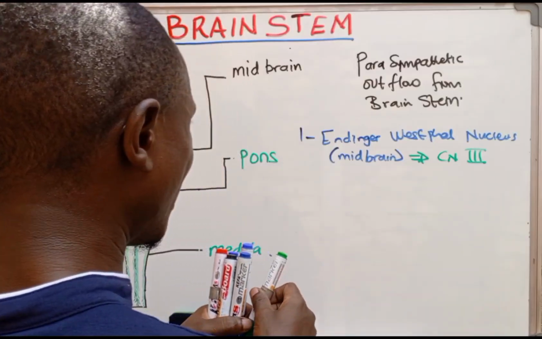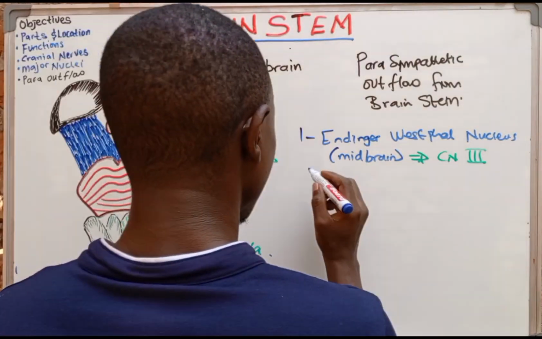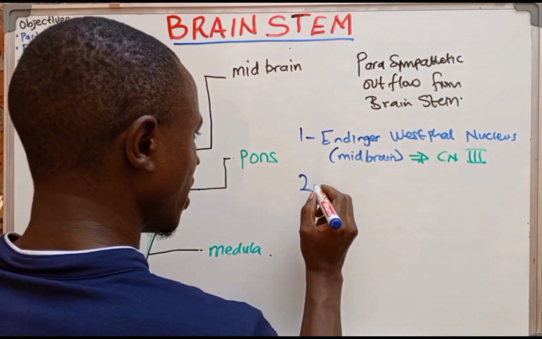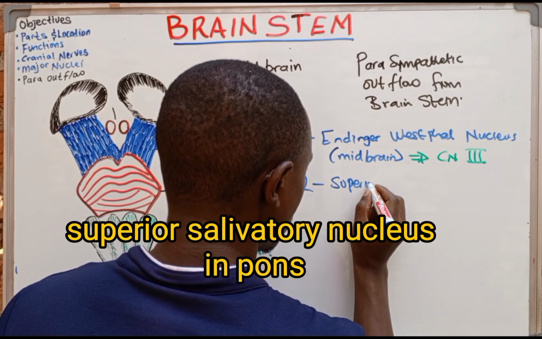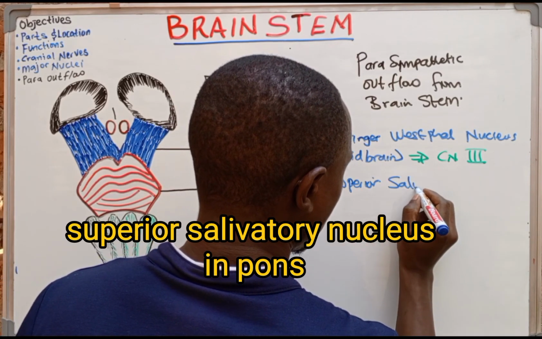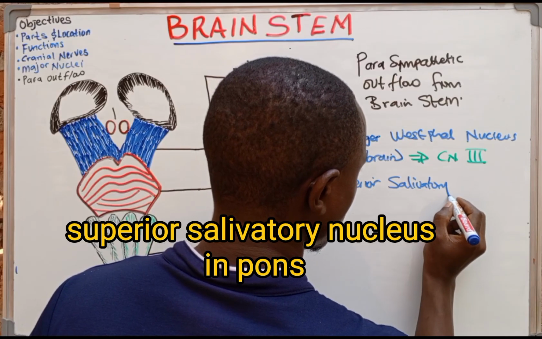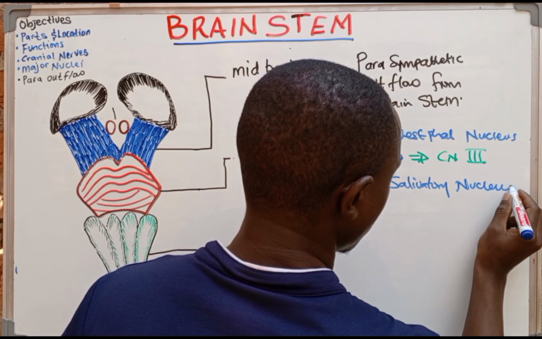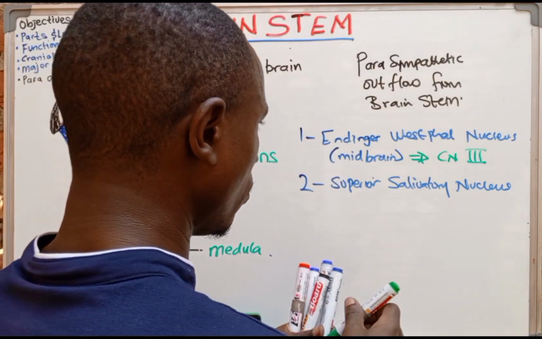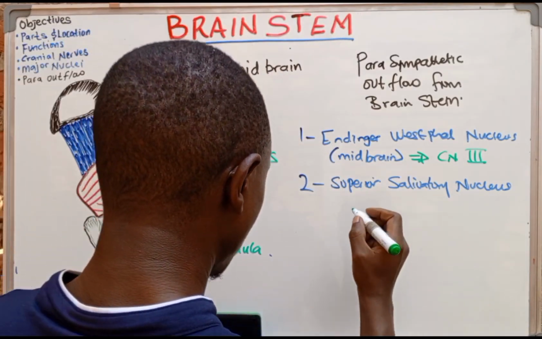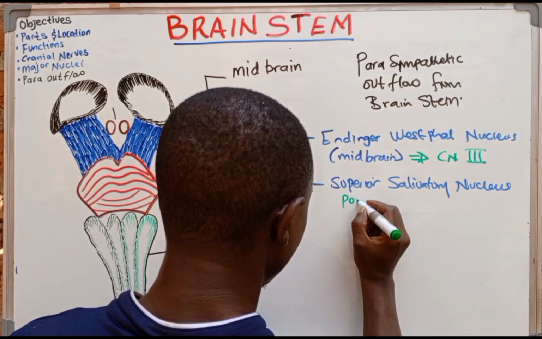We also have another kind of nucleus which is going to be residing in the brainstem, and this nucleus is what we call the superior salivatory nucleus. Okay, and of course the superior salivatory nucleus is going to be part of the pons.